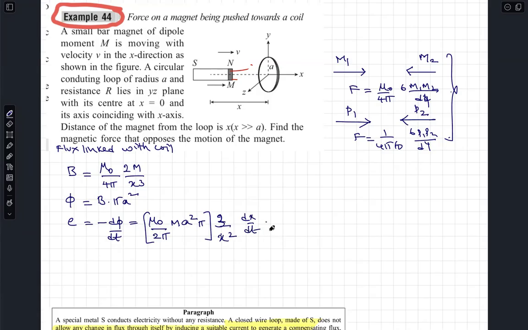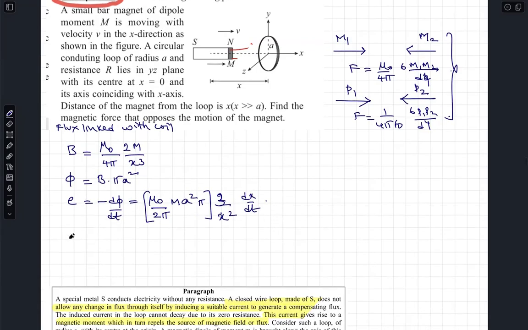At that instant dx by dt is velocity. So the magnitude of induced EMF can be given as 3 mu naught capital M a square by 2x square V.